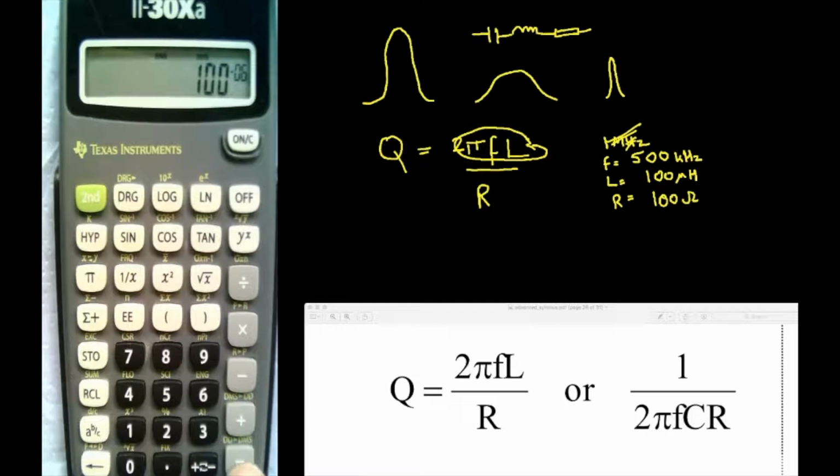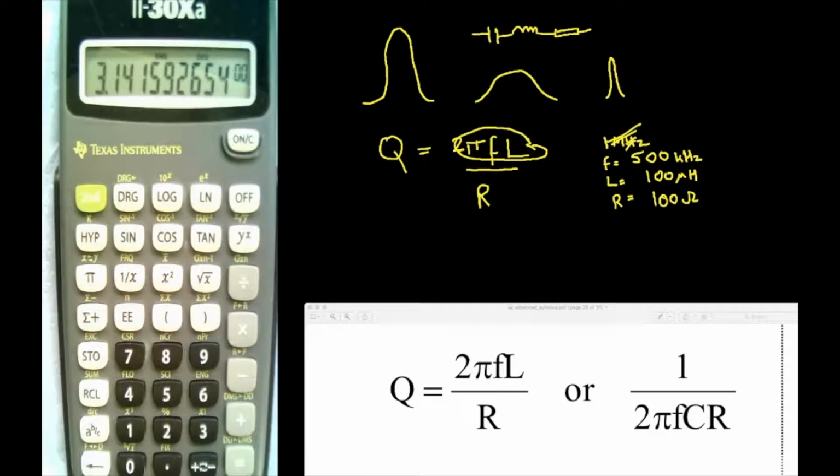So I press equals, and we're there. Now I have to say divided by R, which is 100, equals, and I've got a Q of 3.1415, a Q of about 3.